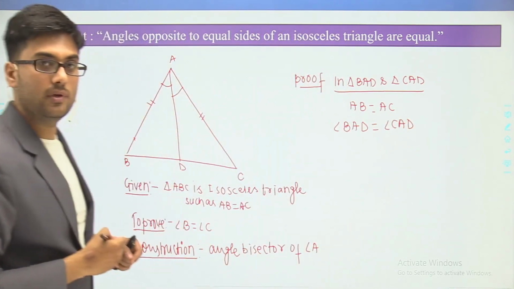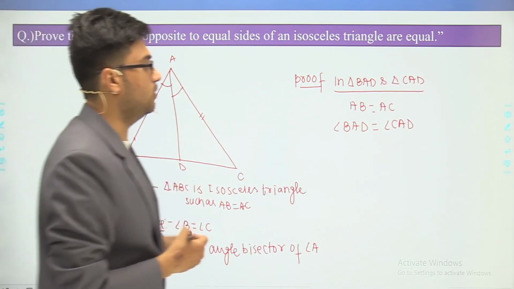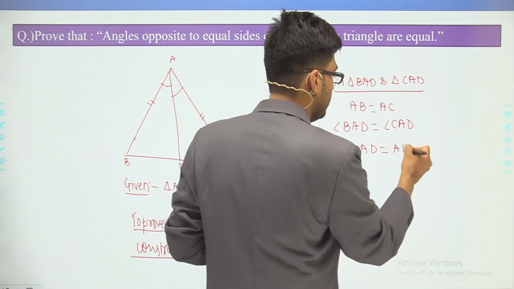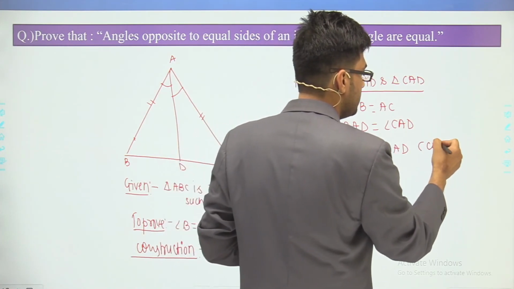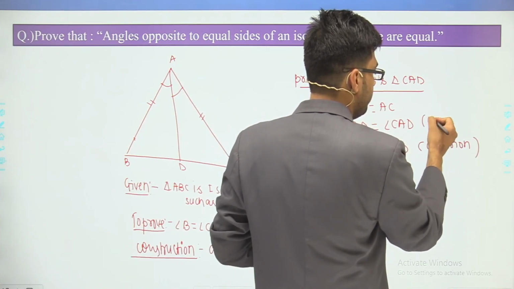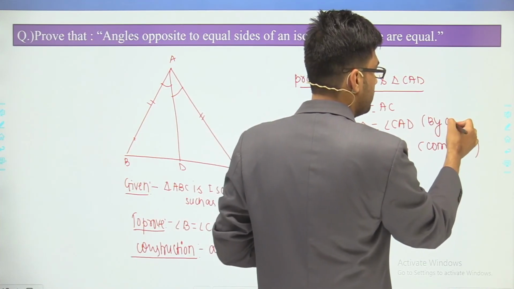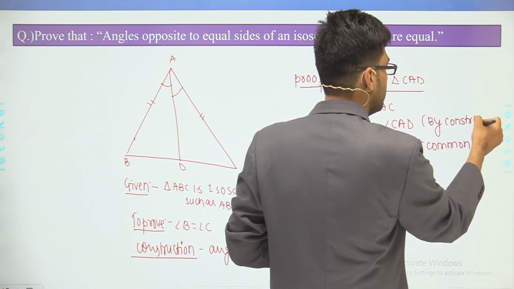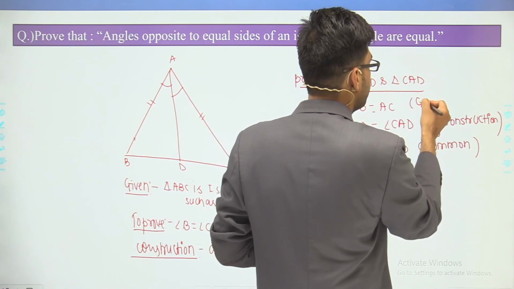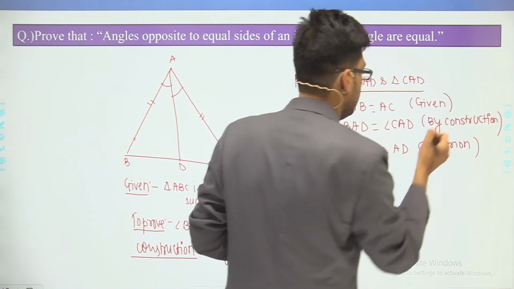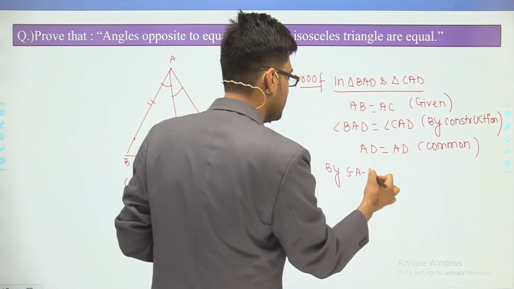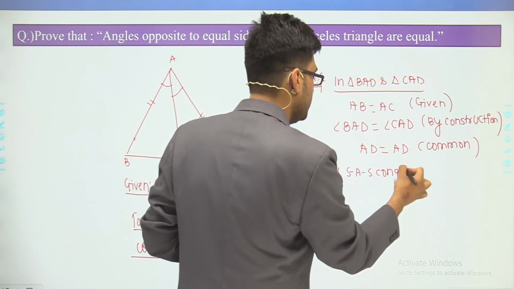These two are equal. And AD is equals to AD, because this side is common, and we equate these two angles by construction, and this is equal because it is given. Clear?